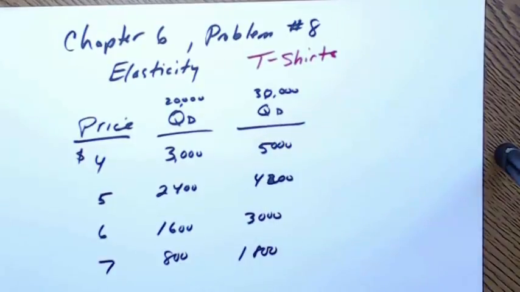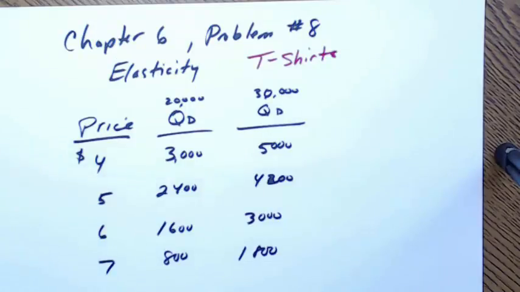The question asks, using the midpoint method, calculate the price elasticity of demand when the price of T-shirts rises from $5 to $6 and the average tourist income is $20,000. Also do the same for a tourist income of $30,000.